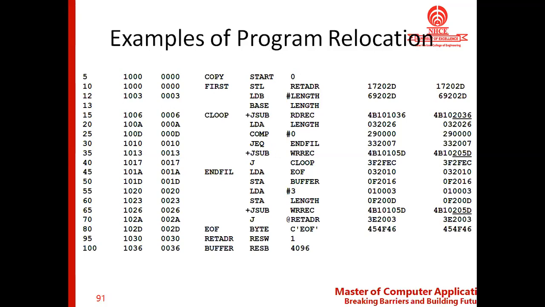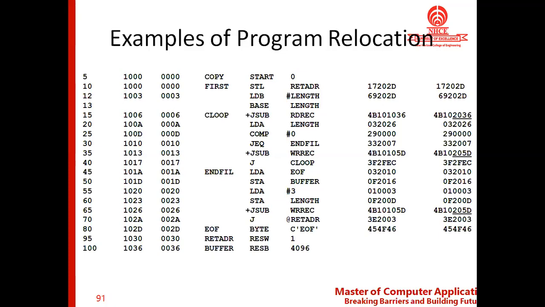At the time of loading, we get to know the address or the location which can be given to the program. Till then, the assembler takes the starting address given by the programmer. In this case, the starting address of the program is 0. So assuming 0 as the starting address, the assembler generates the object code.